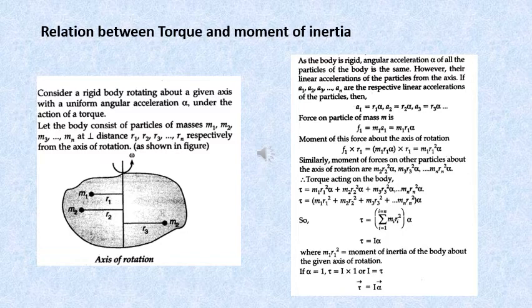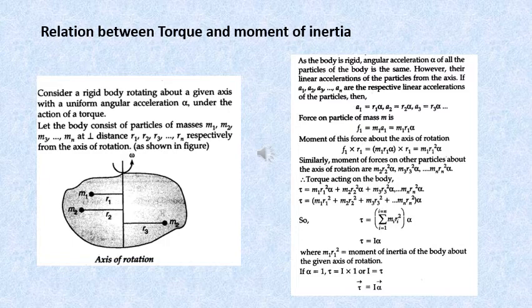The force on each particle will be m1a1, which is m1 r1 into alpha. The torque, r cross F, will be m1 r1 square into alpha. So for all the particles, the total torque acting on the body will be the sum of the product of masses, the square of their distance from the axis of rotation, and angular acceleration.